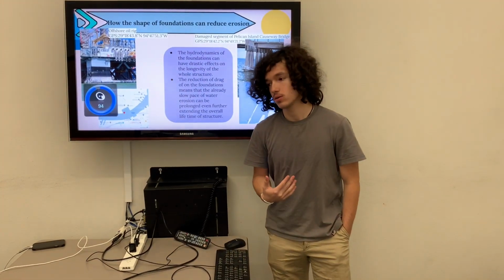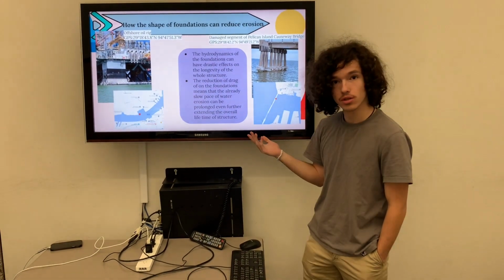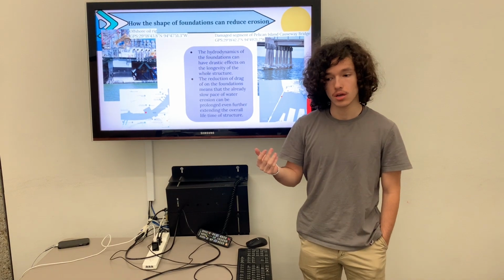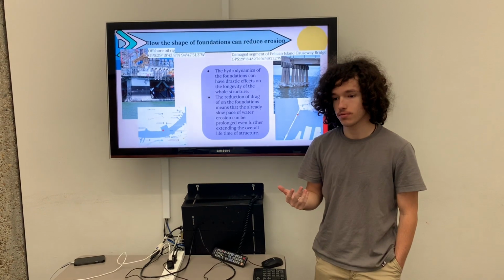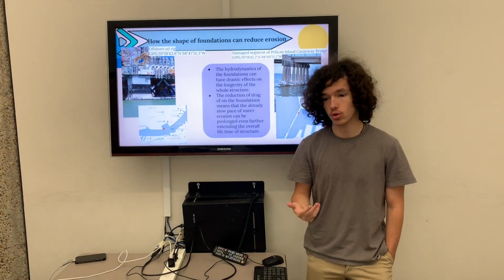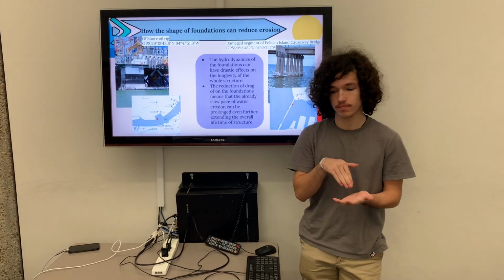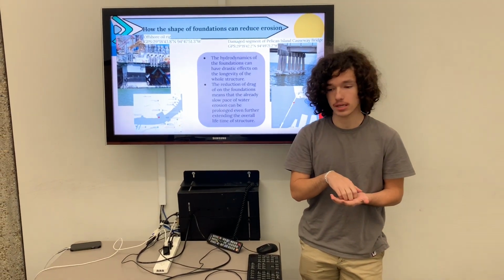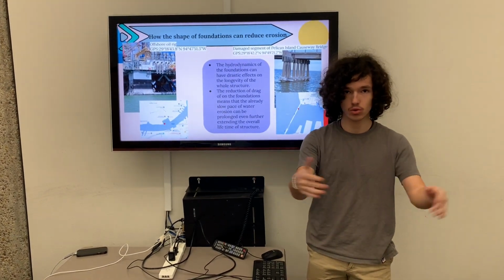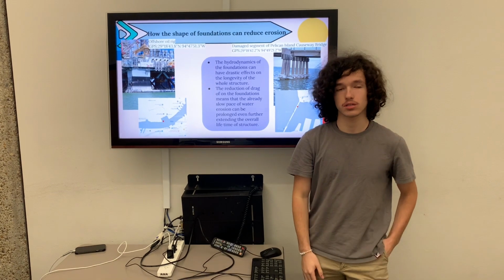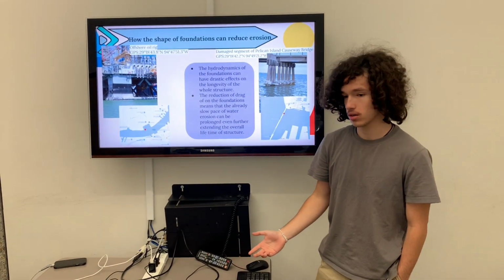Well, I wrote in the presentation about how we could reduce the effects of erosion using the shape of the foundations, because the shape of the foundations plays a critical role in diverting the water away from the foundations and the base, because it causes a smoother flow around it and just increases the lifespan of the foundation altogether.